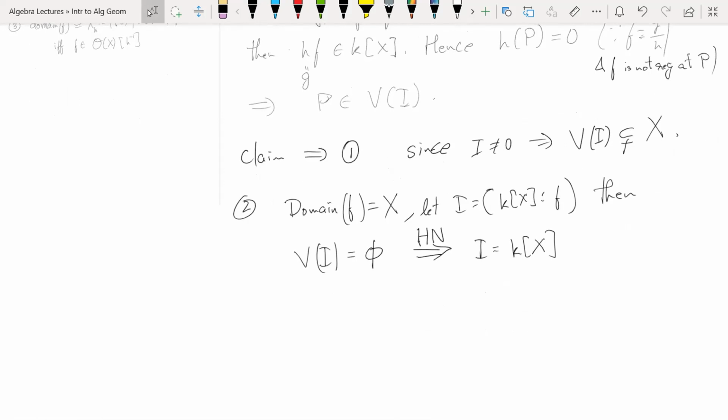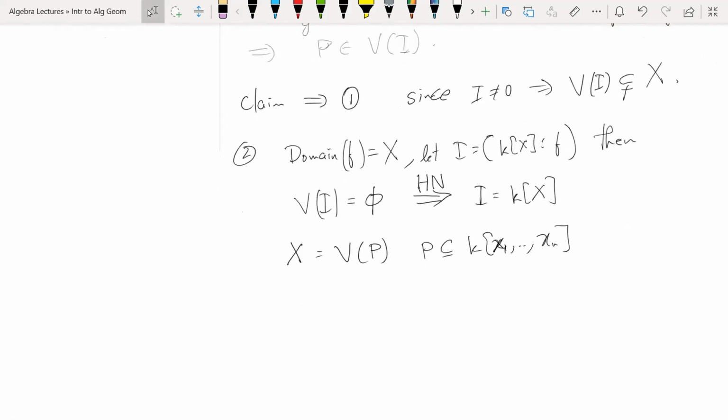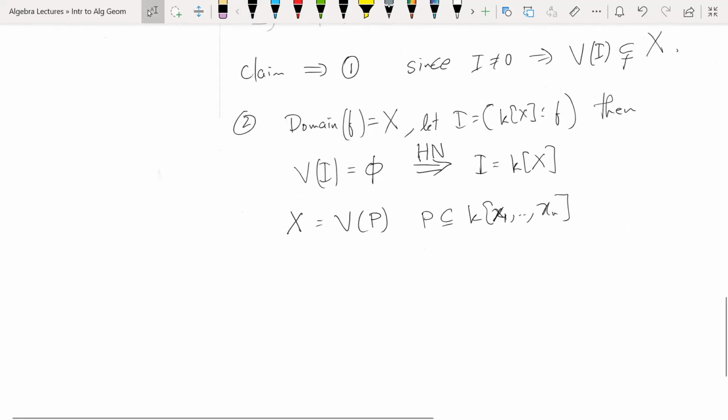So X is V of P, where P is some prime ideal in k[x1, ..., xn], and K[X] is k[x1, ..., xn] mod P.